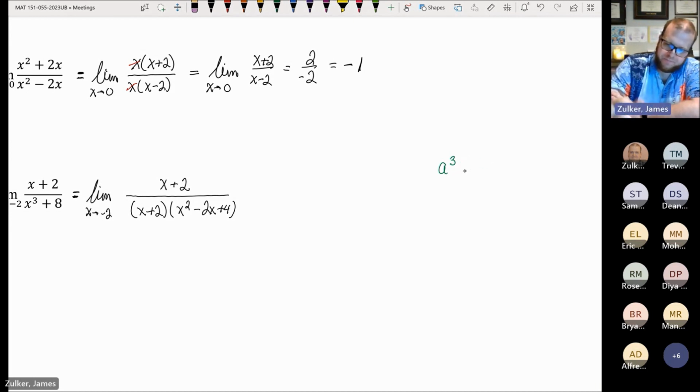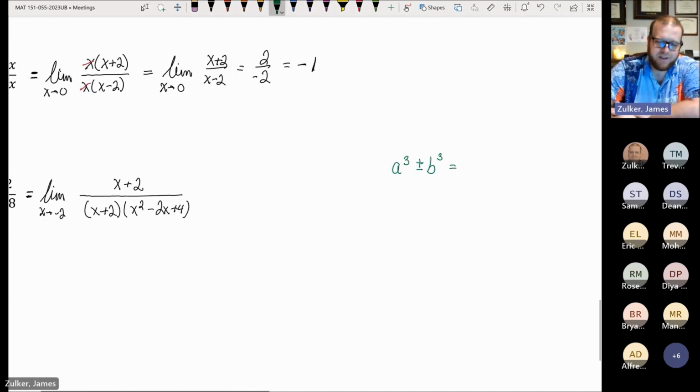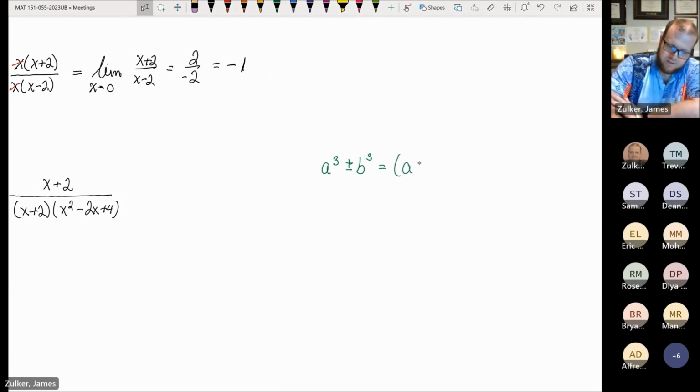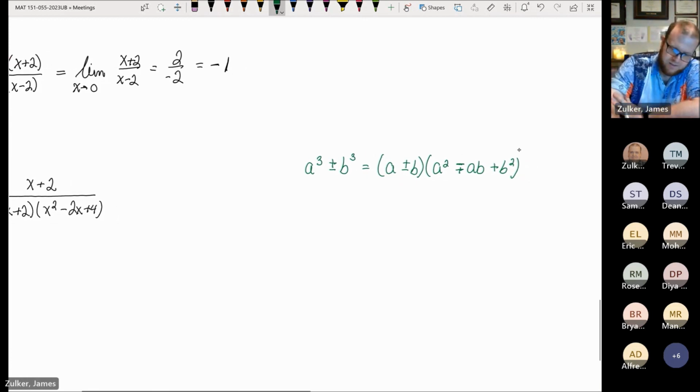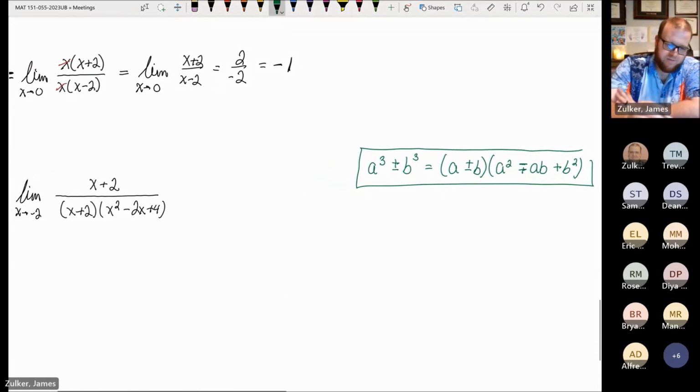Actually, I'm going to do plus minus, right? Because there's also a difference of cubes factor. So this is a useful little form to remember. But that allows us to cancel out the x plus 2's.